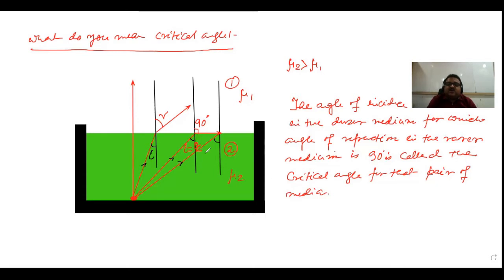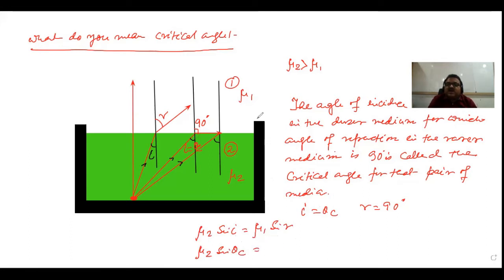Okay. Now look, in this case, the angle of incidence I is equal to theta c, and R is equal to 90 degree. If I apply Snell's law, mu2 sine of I is equal to mu1 sine of R. Mu2 is this. Sin I means sine of theta c.